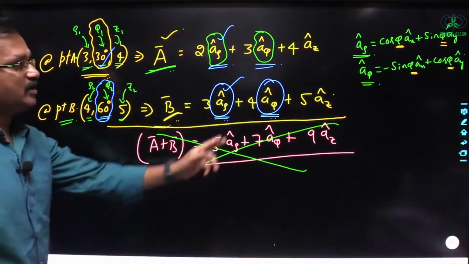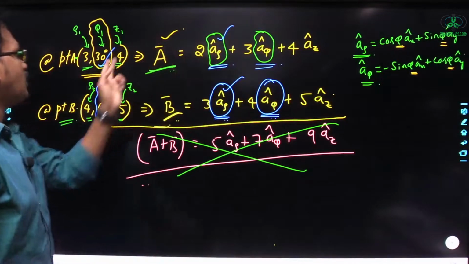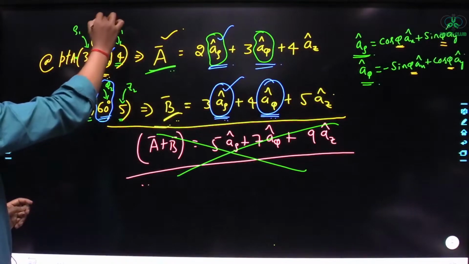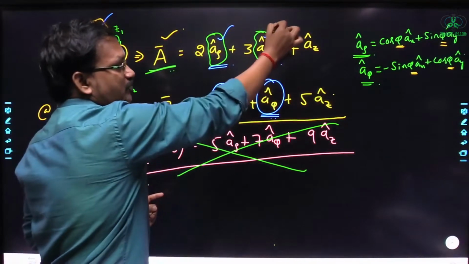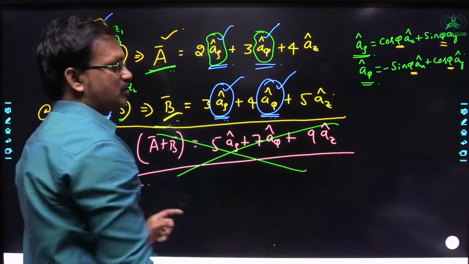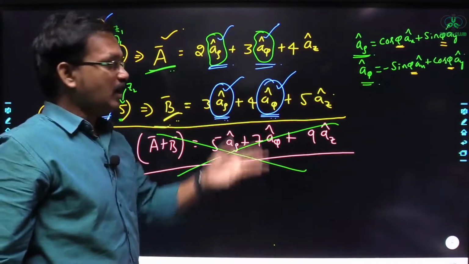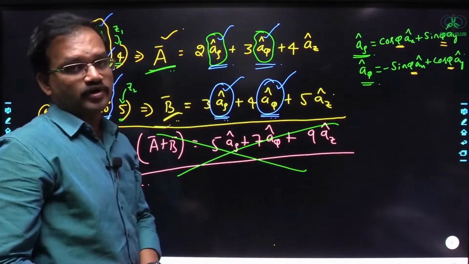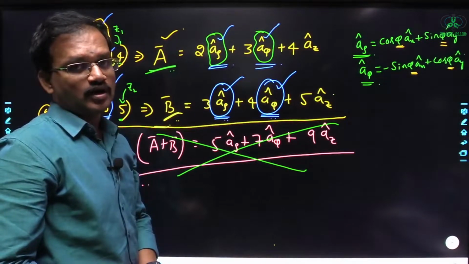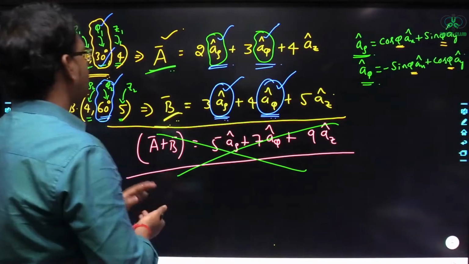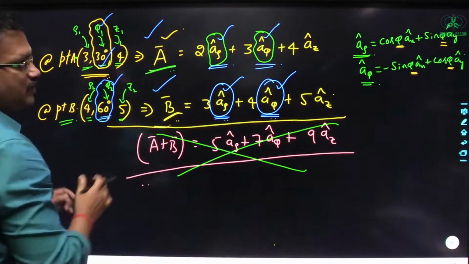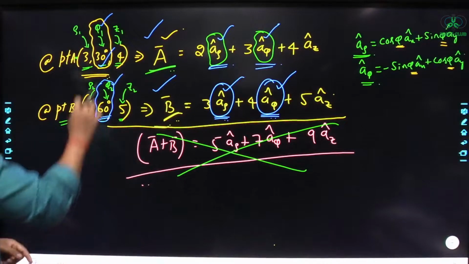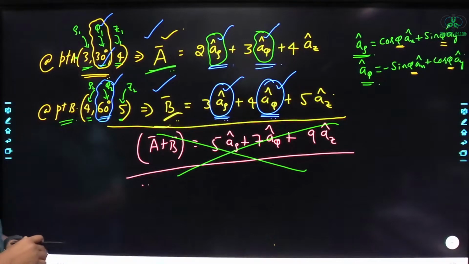Similarly, a_φ cap depends on phi, so it differs at the two points. Hence you cannot directly add A bar and B bar, which are defined at two different values of phi.